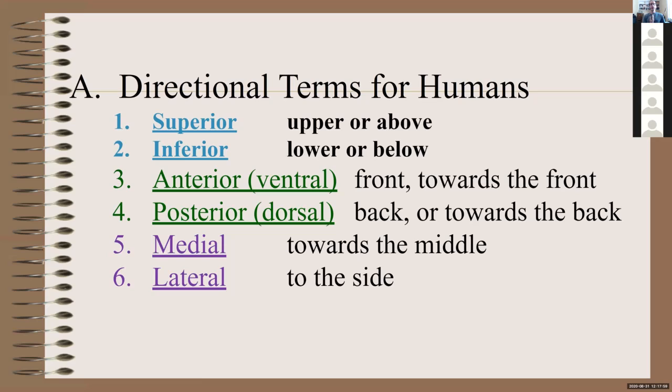You're here in the midline, you have to travel towards the side to get to the shoulder joint. Ozzy said lateral, good. So the shoulder joint is lateral to the midline. So remember, you have to think in terms of how do I get to the shoulder joint from the middle of the body? I have to go to the side. So I'd have to go in a lateral direction.